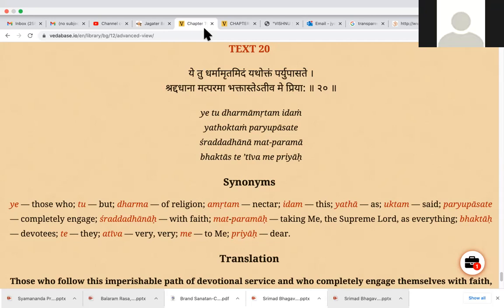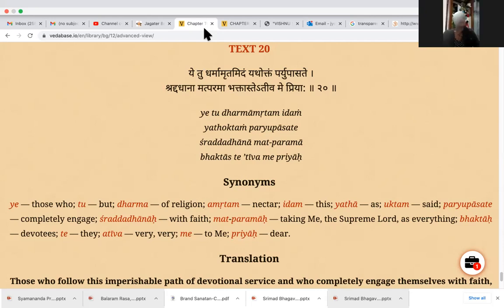Ye tu dharmatram idam. Yathoktam paryupasate. Yathokatam paryupasate. Ye tu dharmamritam idam. Ye tu dharmatram idam. Yathoktam paryupasate. Yathokam paryupasate.